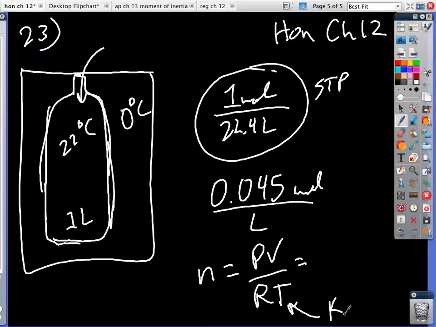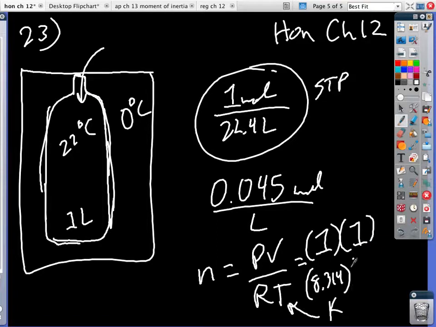The pressure is 1 atmosphere, and the volume is 1, because we're looking for it at 22. Is that liter atmospheres?